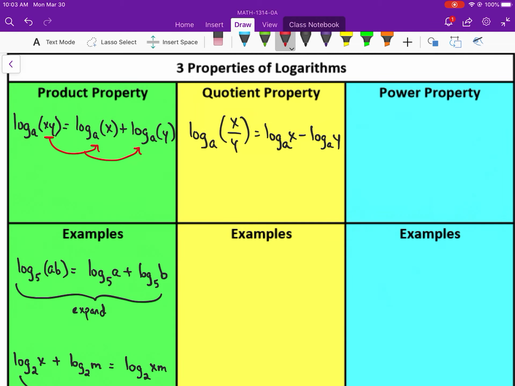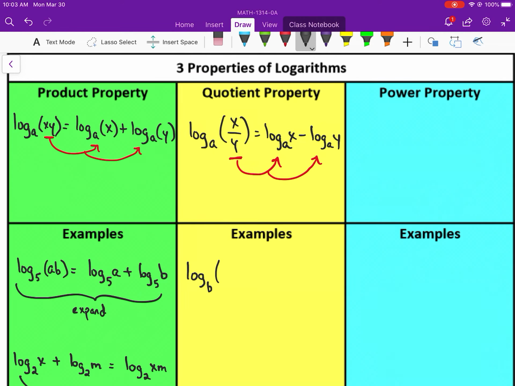Now, order is important there. Make sure it's numerator minus the denominator. Very important. All right, so I see division here, I'm going to split it. So I have to write log twice. And that's going to be not addition, but subtraction this time. So product means to add, quotient means to subtract.